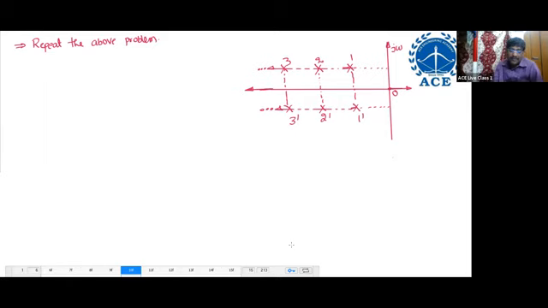Zeta increases, very good. Percentage of MP decreases, very good. Omega n increases, more stable. What about delay, rise, and peak times?